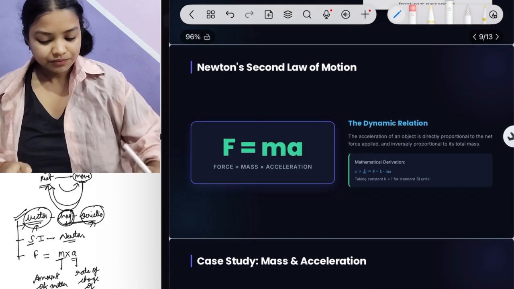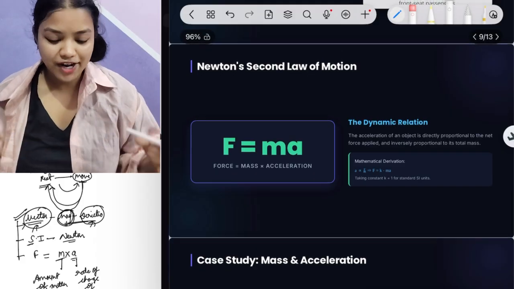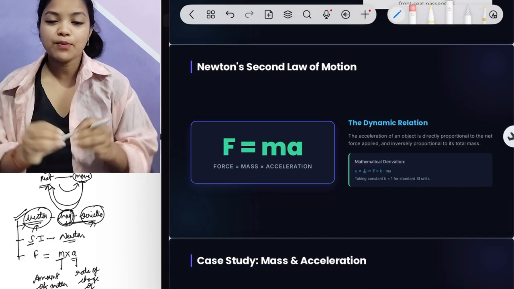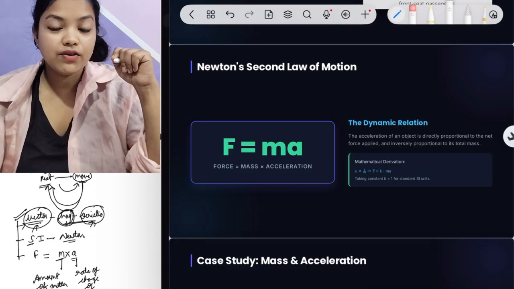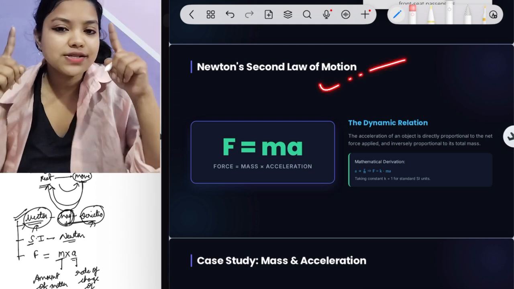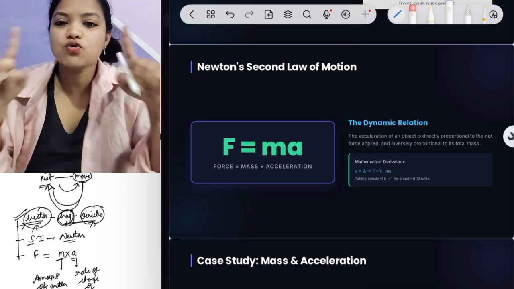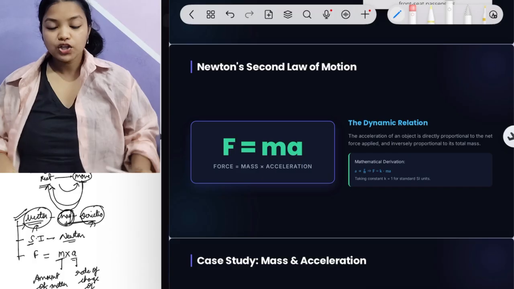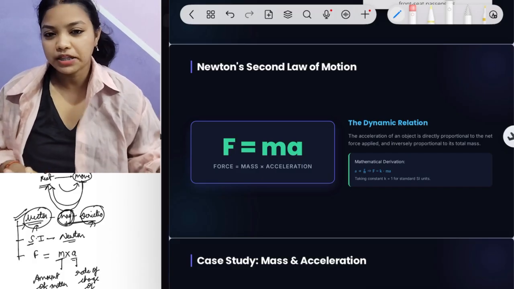Okay. Now there is Newton's second law of motion. In Newton's second law of motion, we will derive Newton's second law of motion by using two methodologies. In the first methodology, we will derive that force equals mass into acceleration by using the momentum methodology.